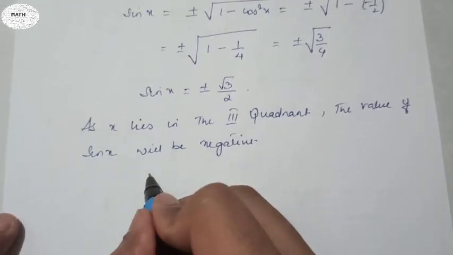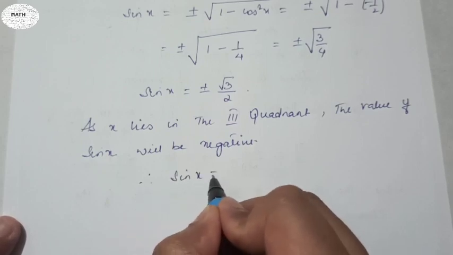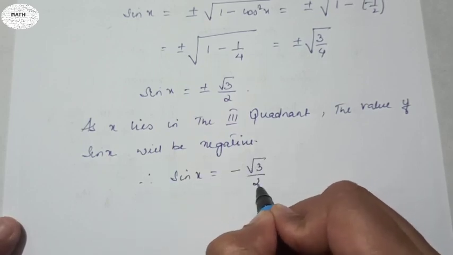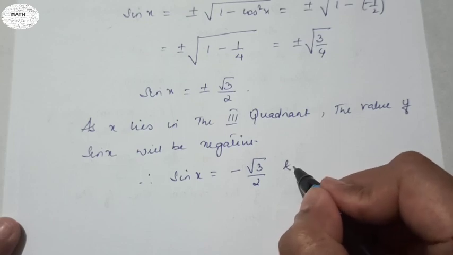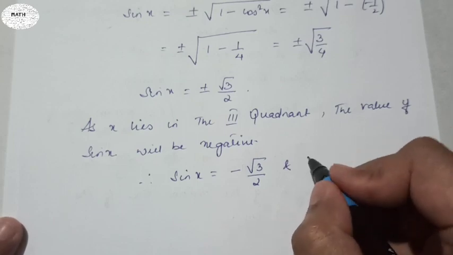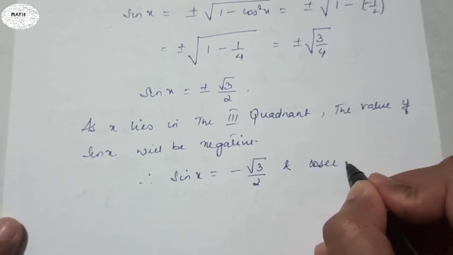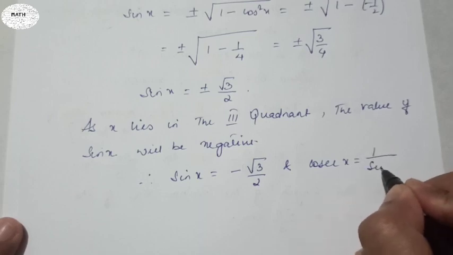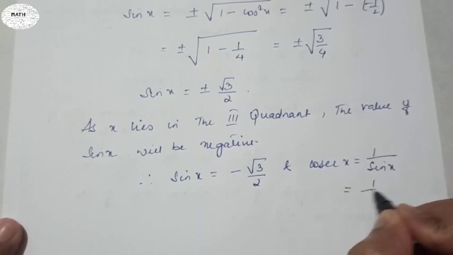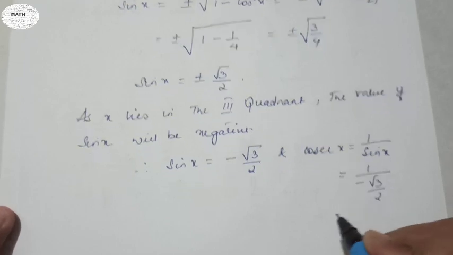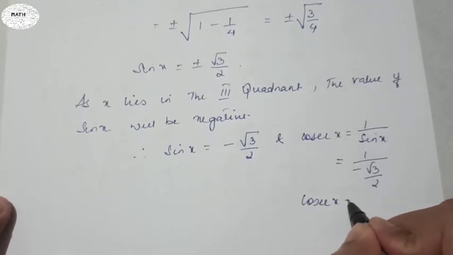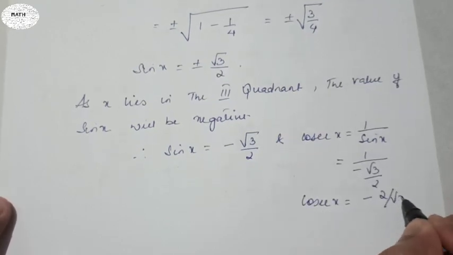Yes or no? So therefore sin x happens to be minus root 3 by 2. Now again, sin and one trigonometric ratio are interlinked. That's nothing more than your cosec x, which is 1 by sin x. So that will be 1 divided by minus root 3 by 2. So I got cosec x to be minus 2 by root 3.